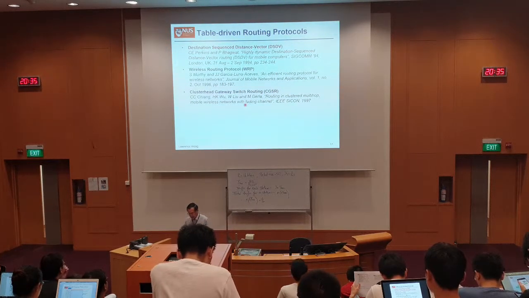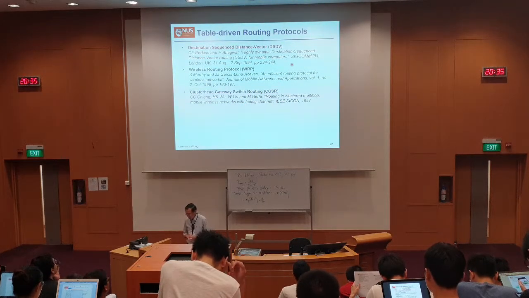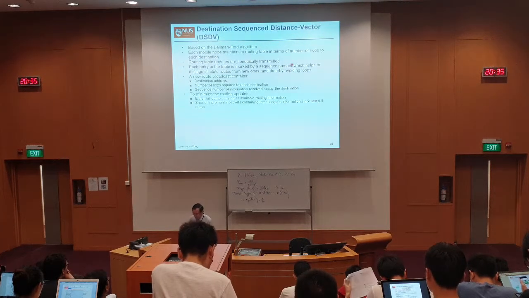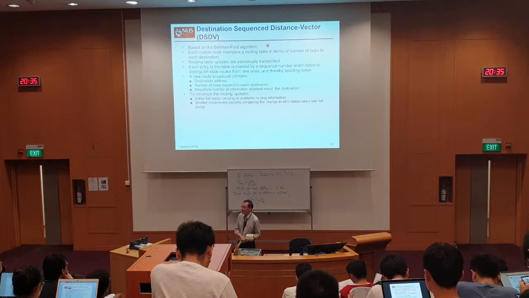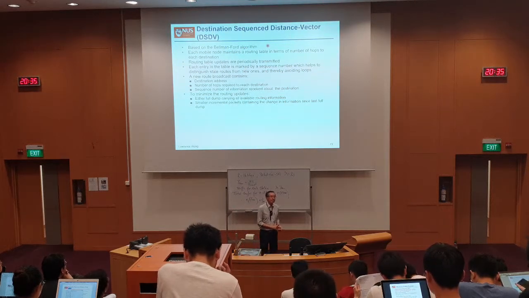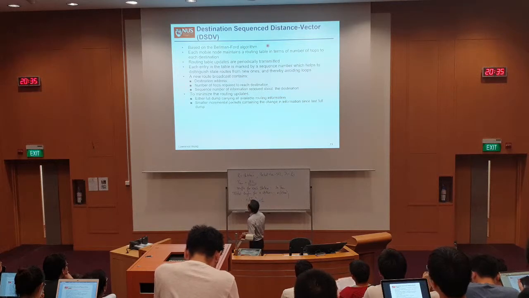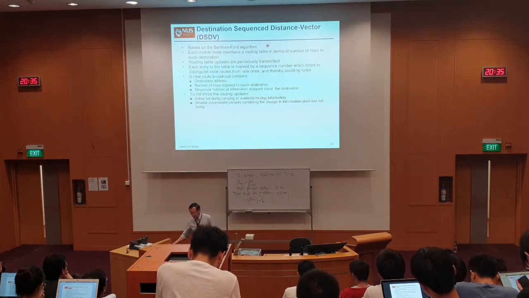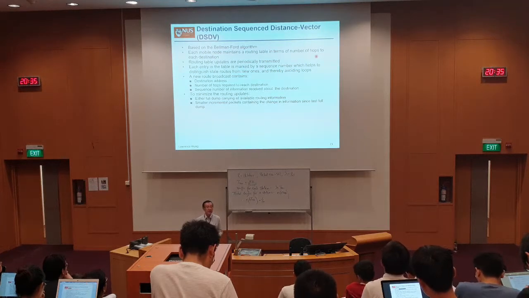All right, so that's the paper, the details. The route is based on finding all the different paths using Bellman Ford. So we've done Bellman Ford already just now. Each node maintains a routing table in terms of the number of hops to each destination.